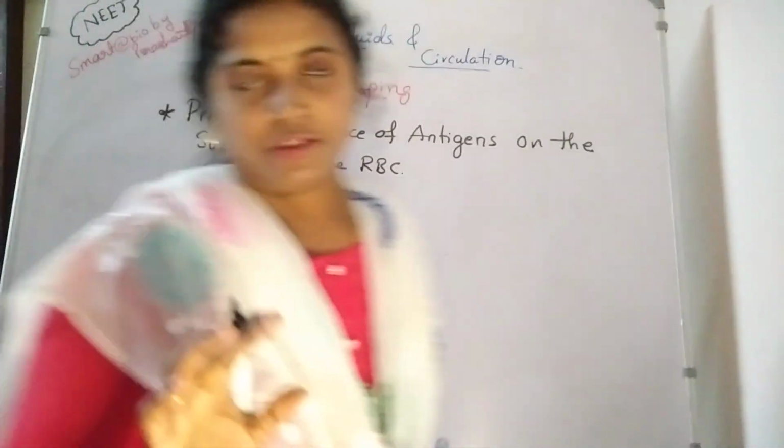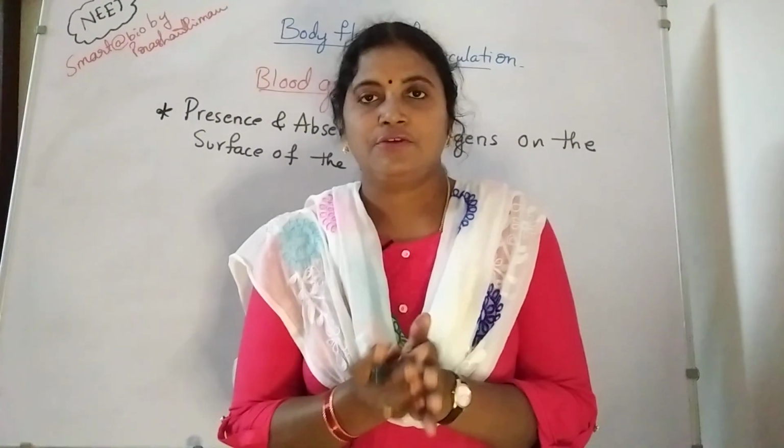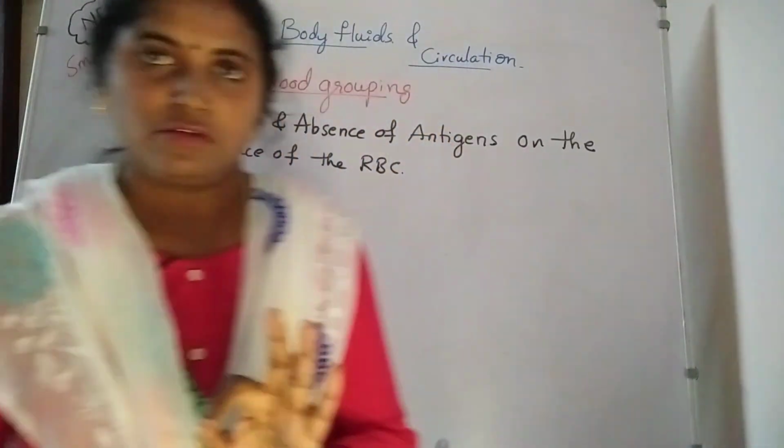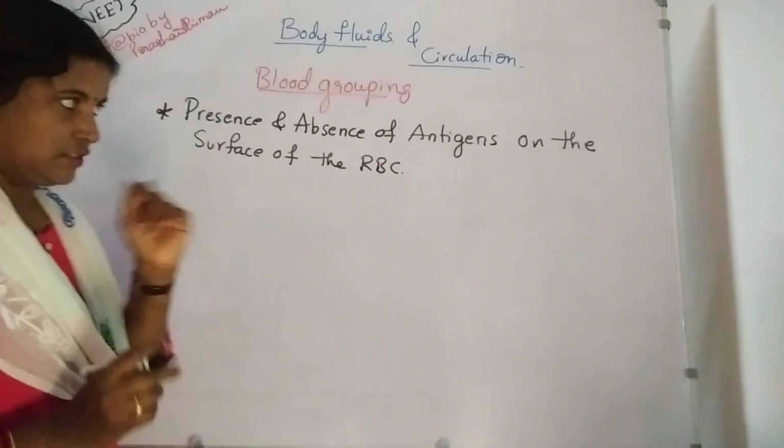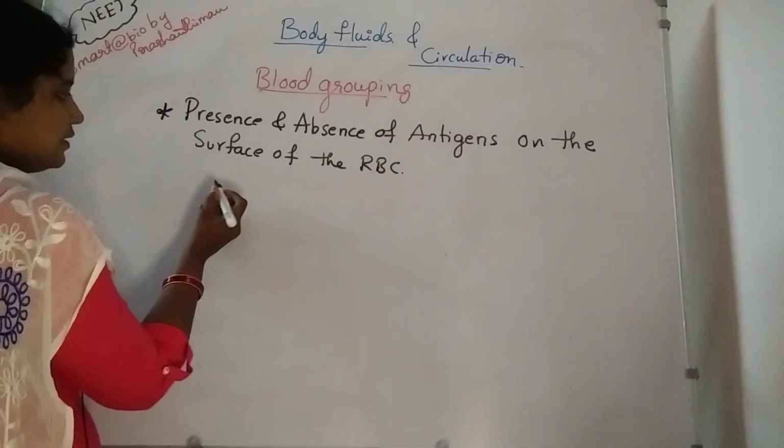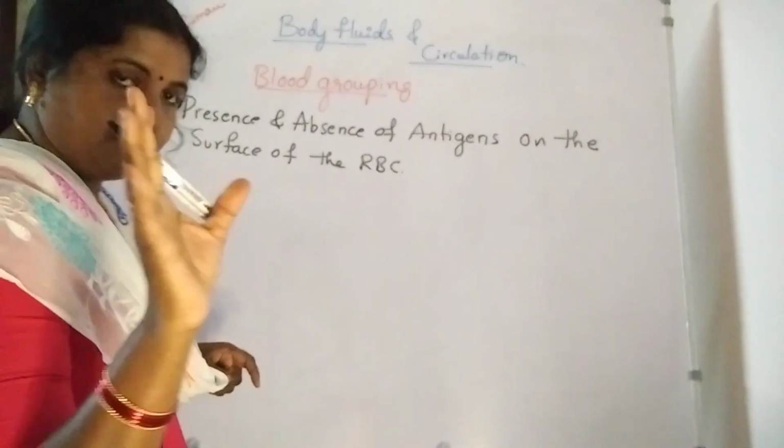This is the main point. So we can determine the blood groups based on the presence and absence of antigens on the surface of the RBC. So here you have to know two words' meanings.